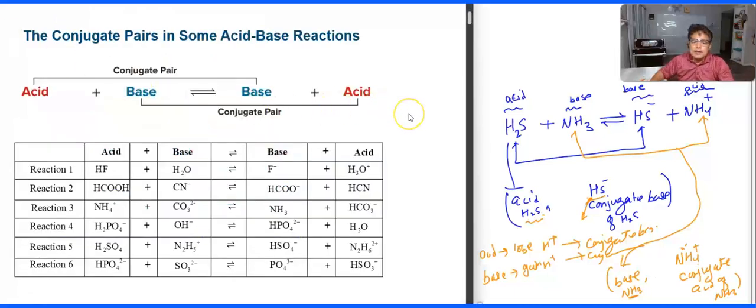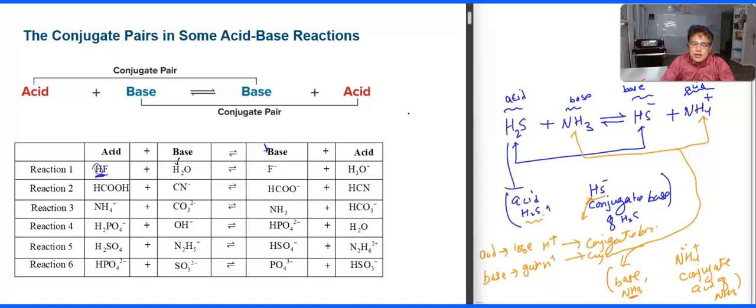Now let's see some examples. In these reactions, what are the conjugate acid-base pairs? HF plus H2O. HF, what will be its conjugate base? Remove one H and what remains? F minus is the conjugate base. And if that is the base, add an additional H plus, and what becomes the acid is H3O plus.